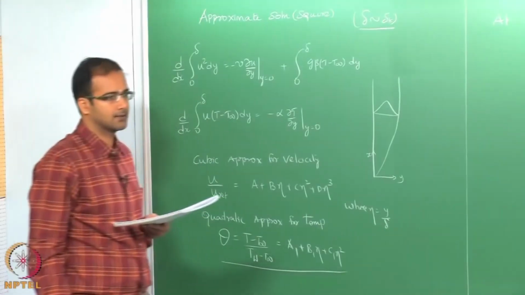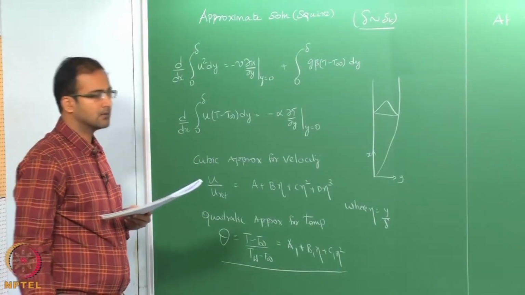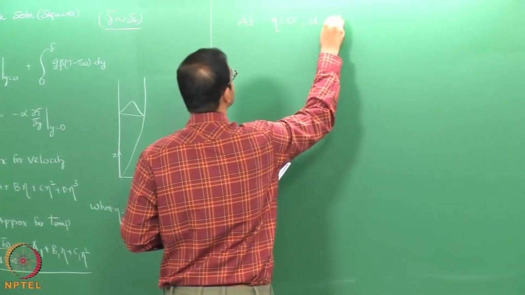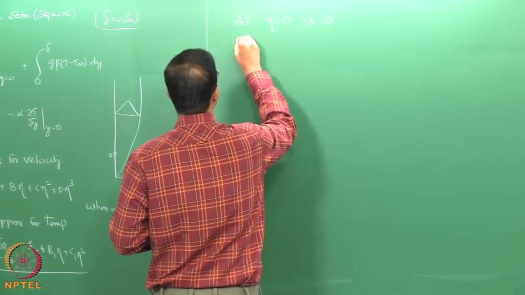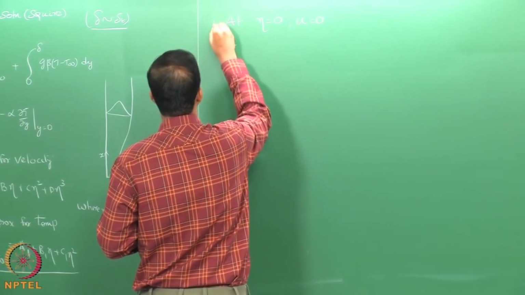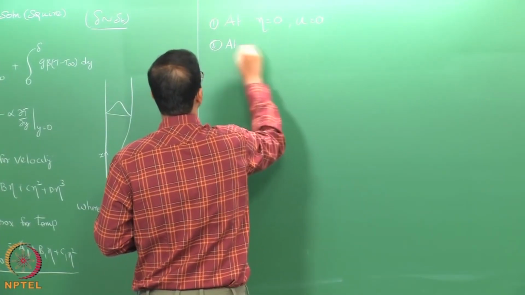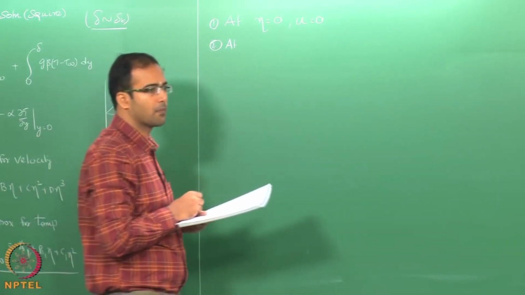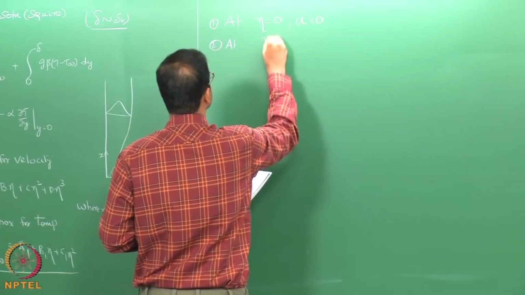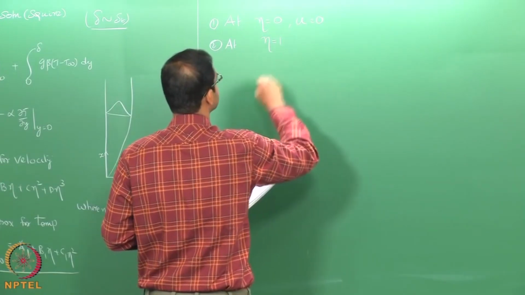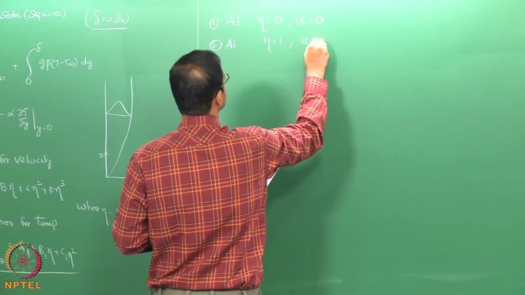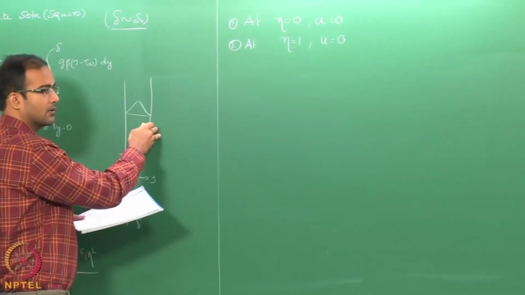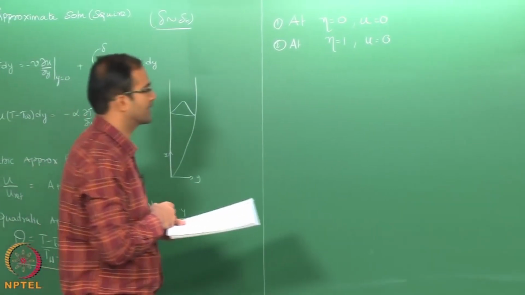What can we write at eta equal to 0? u equal to 0, and what will be the second boundary condition? At eta equal to 1, u equal to 0 again, we do not have any velocity outside the boundary layer in the natural convection case.